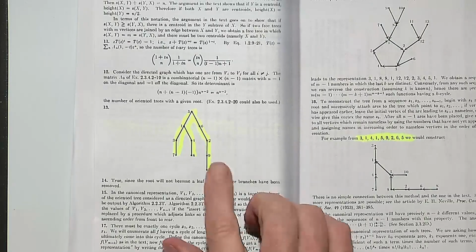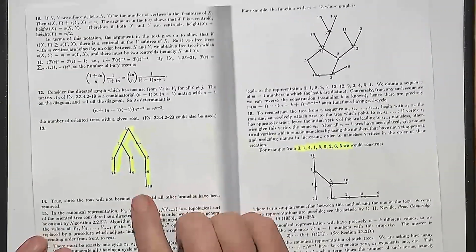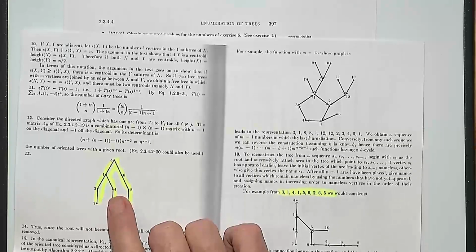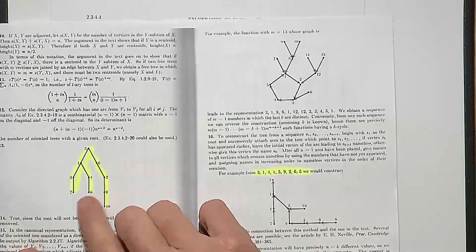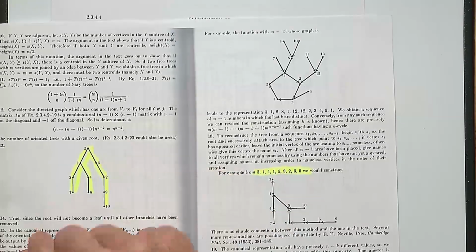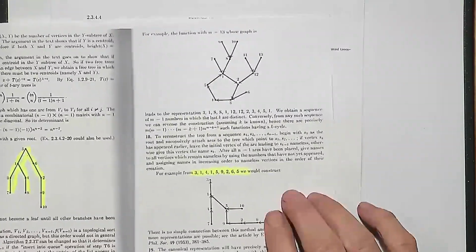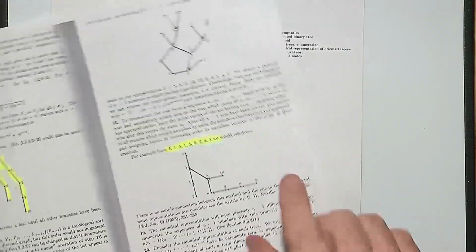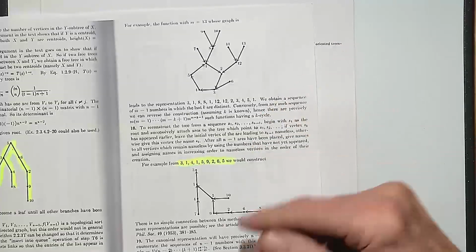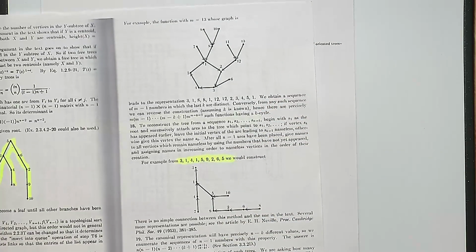But the other thing that jumped out at me when I looked at this this morning was that there's a mistake here because I should have drawn arrows on it. It's supposed to be an oriented tree, so I was supposed to have arrows going up. And for example, on the next page, in the answer to another exercise, the exercise was about a different way to get a correspondence between digits and oriented trees.